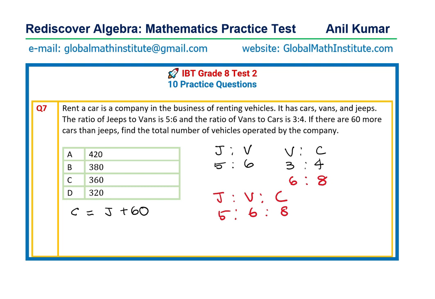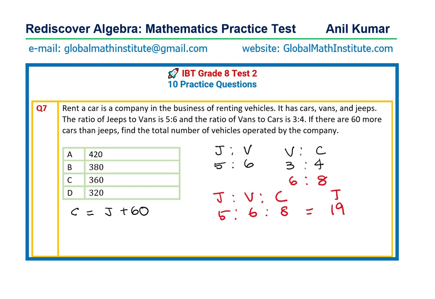Right? Perfect. Now, whatever number we have, it will be x times, right? So total will be how much? Total will be 5 plus 6, 11, 11 plus 8, 19, right? So for every 19 vehicles, we have 5 jeeps, 6 vans, and 8 cars.